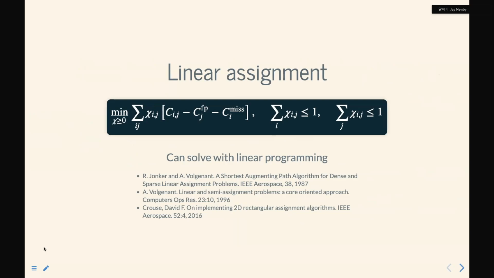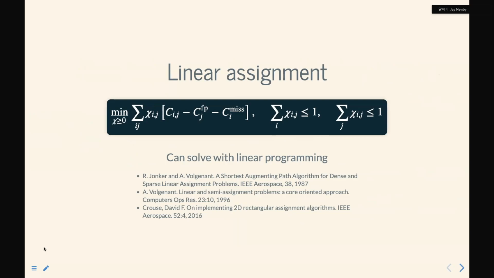You'll notice that this is a linear programming problem, and this is the variable we're trying to optimize over, right? And we're not making any assumptions about this being integer values. The idea is that this variable would be 0 if there's no assignment and 1 if there is an assignment. So these have to be either 0 or 1. A 0.5 assignment makes no sense.